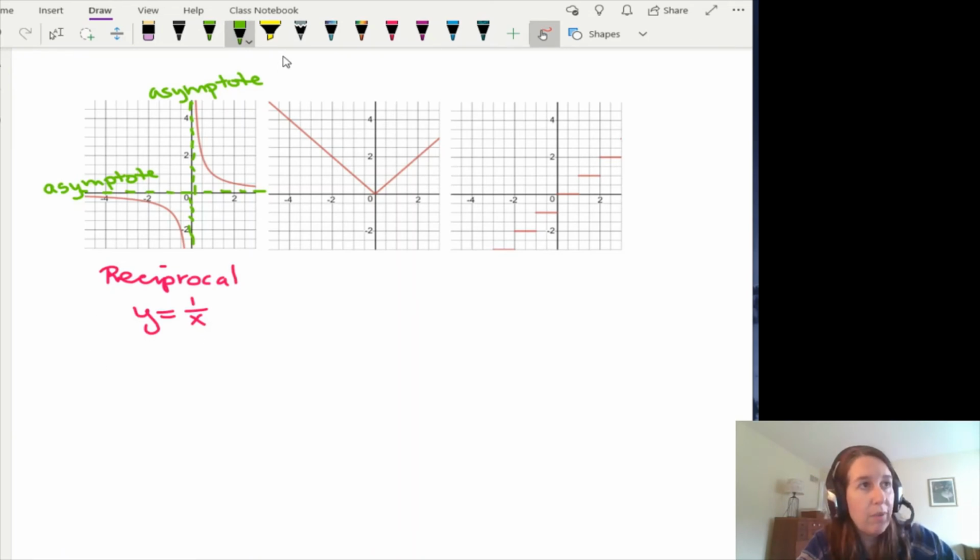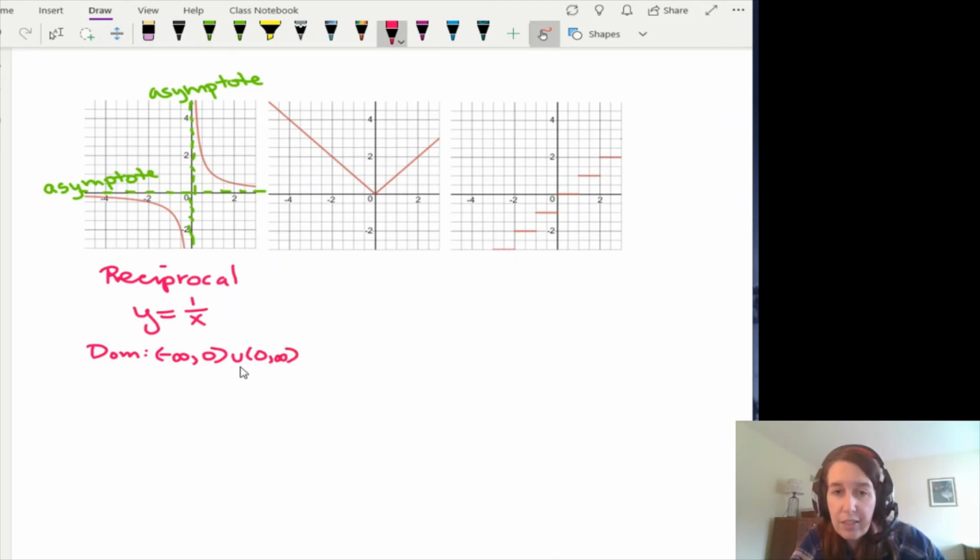So when we talked about the domain on some of those others, I think it might be nice to talk about here, right? The domain of this graph, okay, you do start over in the left at negative infinity. You go to 0, but don't include the 0, and then finish up with 0 to infinity. That just takes out that 0 because x can never be 0. The range is actually exactly the same because it also takes out y equals 0.